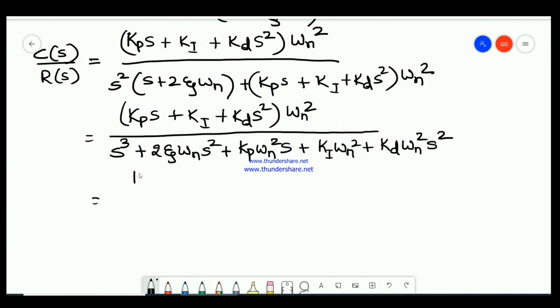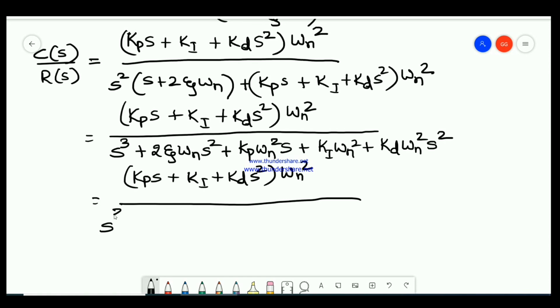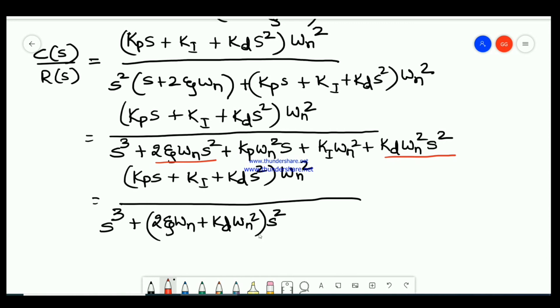So we write the numerator as it is, Kps plus Ki plus Kd s square into omega n square, divided by s cube plus, taking s square common, 2 zeta omega n plus Kd omega n square multiplied by s square, plus Kp omega n square s plus Ki omega n square.